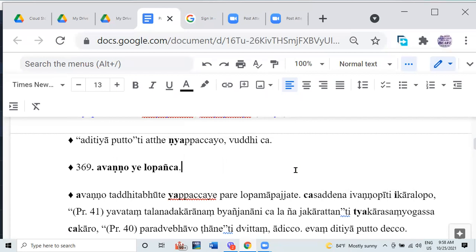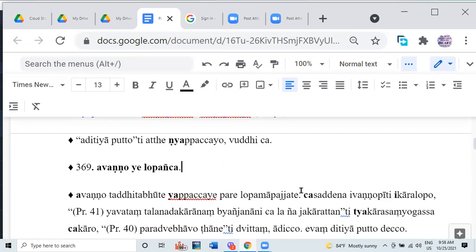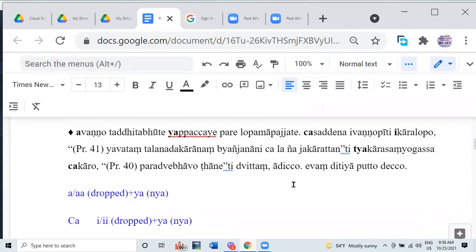No questions? So, Abhijat Taddhita is the easiest Taddhita. For you to be able to make it familiar, you should recite, speak out loud, like Didiya Buddha, Arijo, Didiya Buddha, Dijo. In this way, you will get familiar.